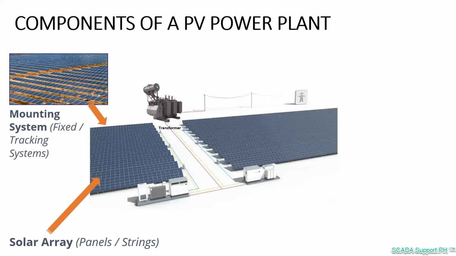Mounting systems hold your solar modules together and can either be fixed tilt or sun tracking systems. Wirings and cablings are electrical wirings that connect all your strings, running from the array to the inverter. And you also have your cablings related to network and data communications.